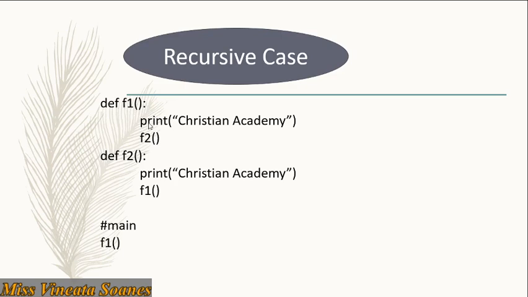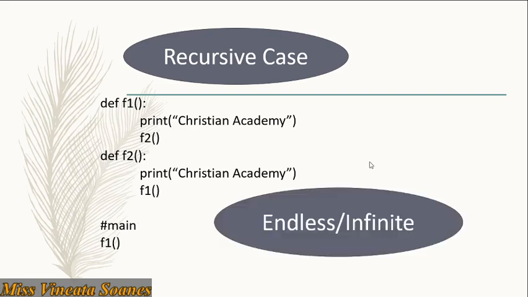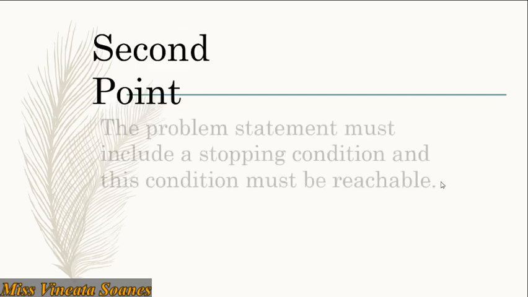Once we call f1, we print Christian Academy, then you call f2, and in f2 you're saying print Christian Academy again, and then it calls f1 again, it prints Christian Academy, and again it calls f2, and f2 again prints Christian Academy. This way, this also will be like a loop, and also infinite, which means this program will run endlessly, so you won't be able to stop. So that's why we need the second point.